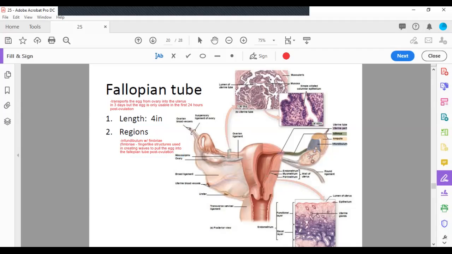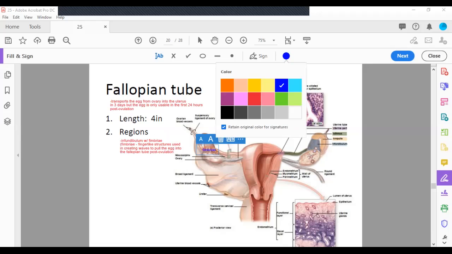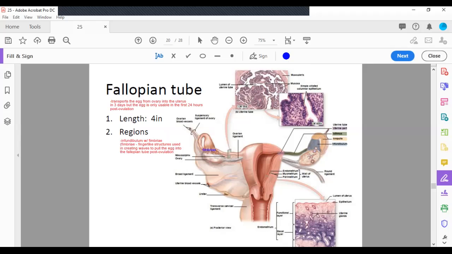I'll just label it as fimbriae. These represent the finger-like structures that pull the egg into the fallopian tube.